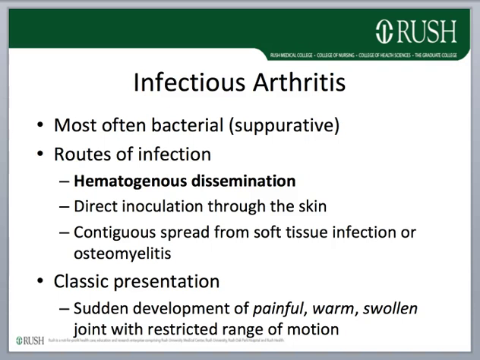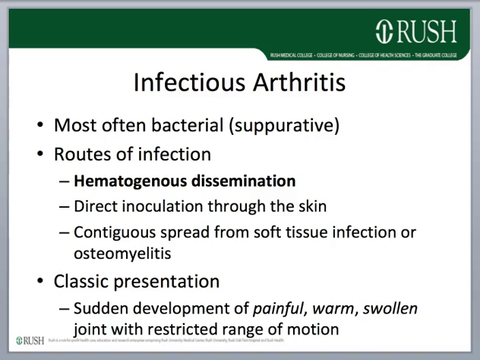Infectious arthritis may occur by several routes. Most commonly it occurs by hematogenous dissemination, but it may also occur through direct inoculation of the joint space from the skin or contiguous spread into the joint space from soft tissue infection or osteomyelitis.